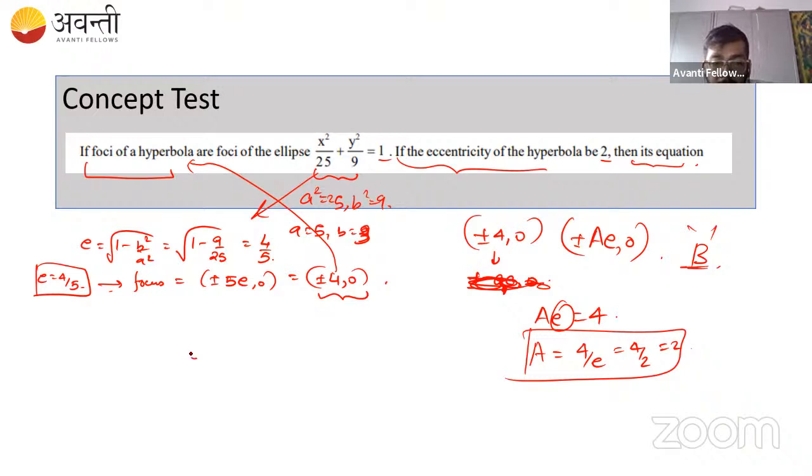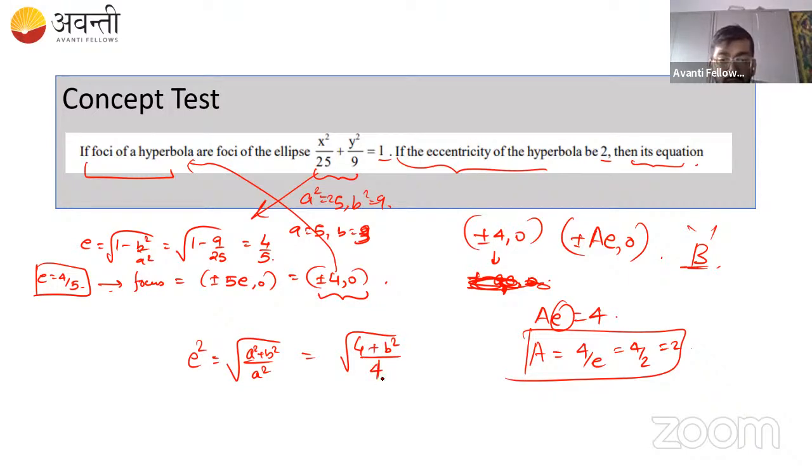We already know that e square is equal to (A square plus B square) upon A square, right? So I will write under root of A square, capital A square is 4, plus B square upon A square, which is 4.